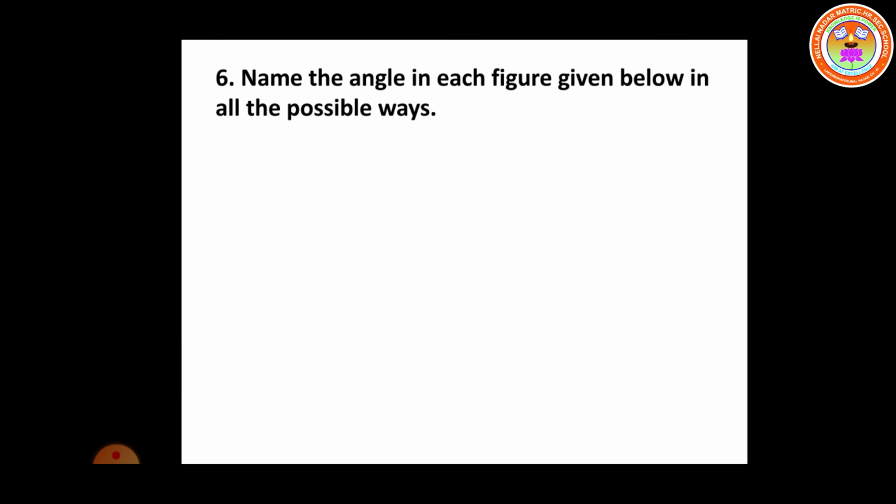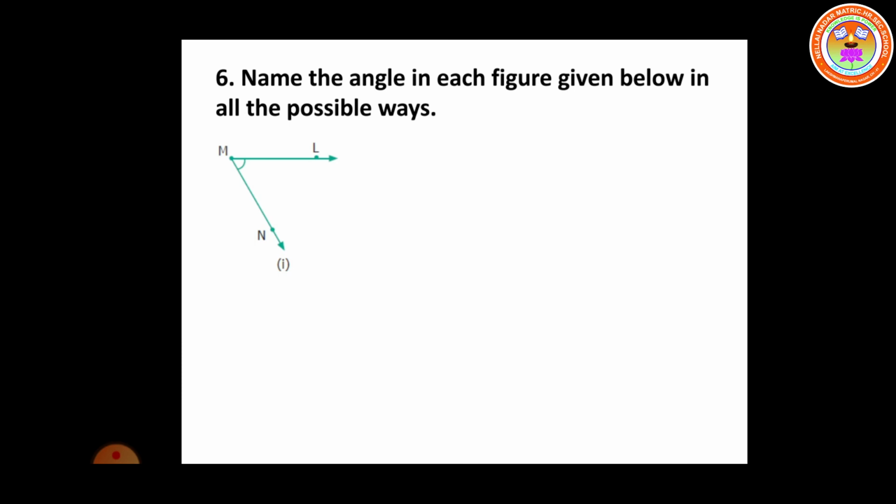Name the angle in each figure given below in all the possible ways. We can mention the angle in 3 ways. So all the 3 ways we have to give here. See the given diagram. The vertex is M. So we can give 3 ways. First one is at the vertex, so M itself.